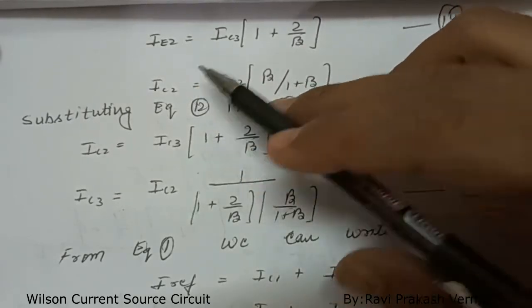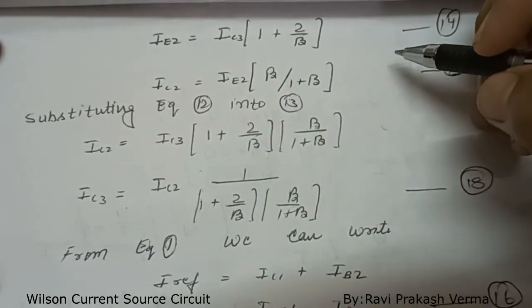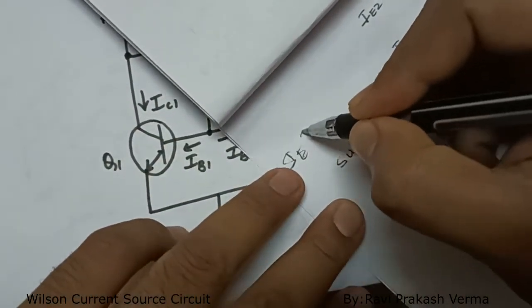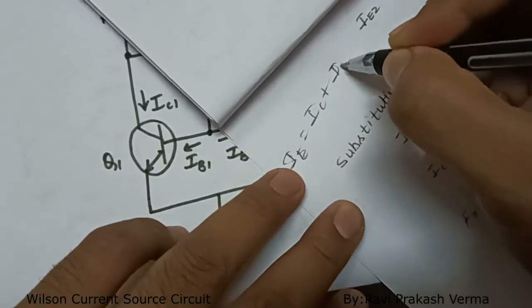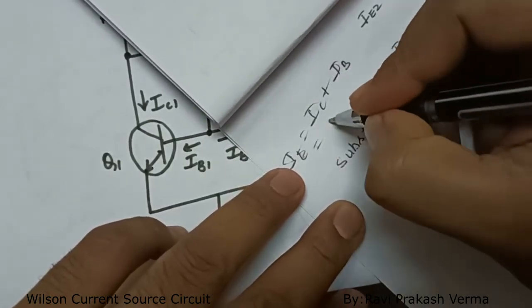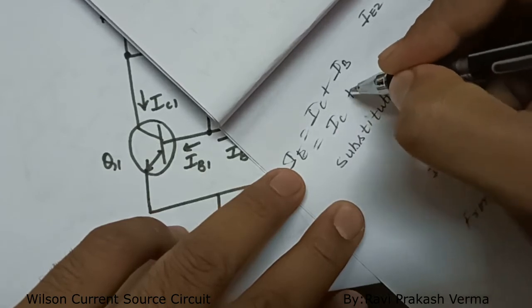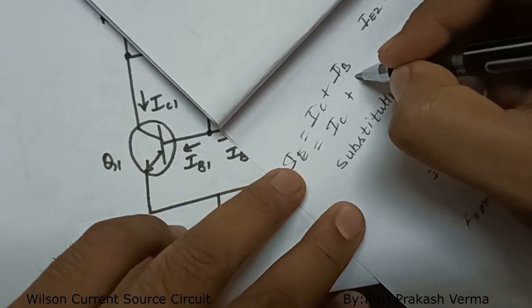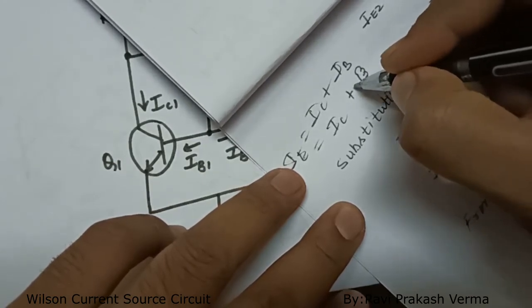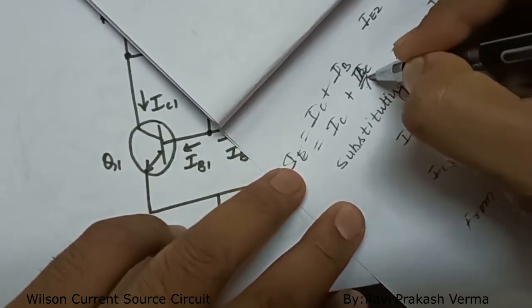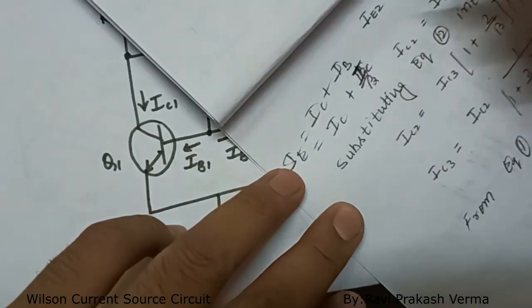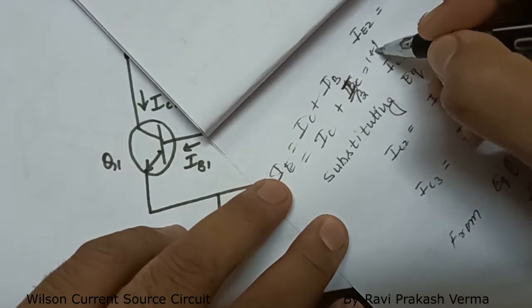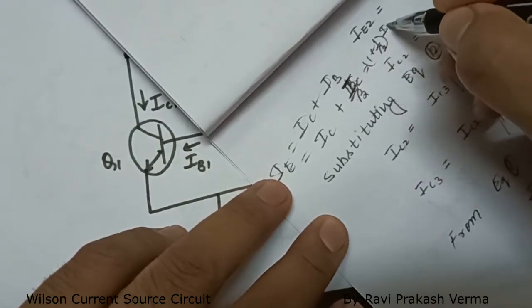We know that IE is equal to IC plus IB. In place of IB we can put IC upon beta, and by taking IC common it becomes 1 plus 1 by beta, into IC.